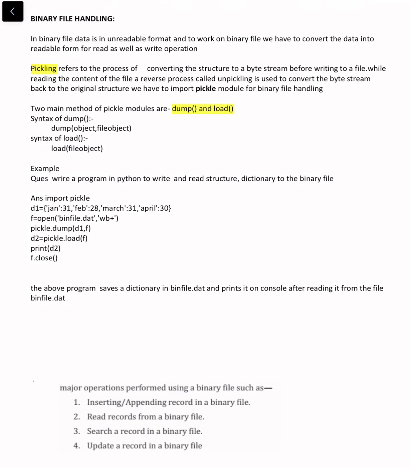So pickling is the process that takes whatever the content of the binary file is and converts it. When we are reading a binary file, pickling will convert the unreadable format to a readable format. When we are trying to write something to a binary file, the process is called unpickling, the reverse of pickling.